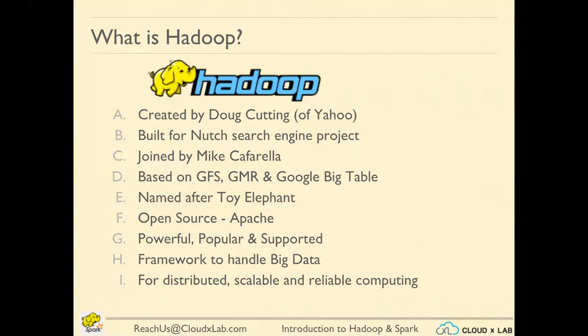So all of the components under the Hadoop ecosystem are for cases where, in case one of the computers goes down, everything still works fine. All of the components under the Hadoop umbrella are for distributed computing, which means you can run them using many computers, as well as scalable, reliable, and so on. It's written in Java.